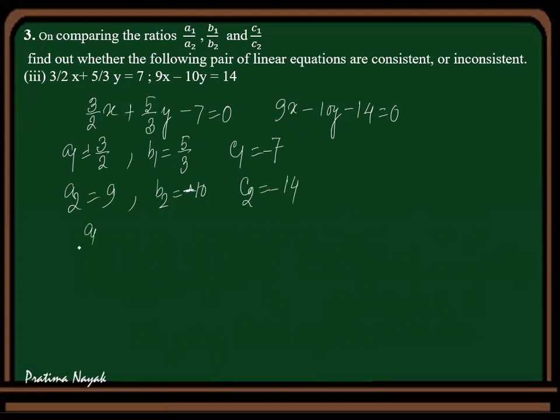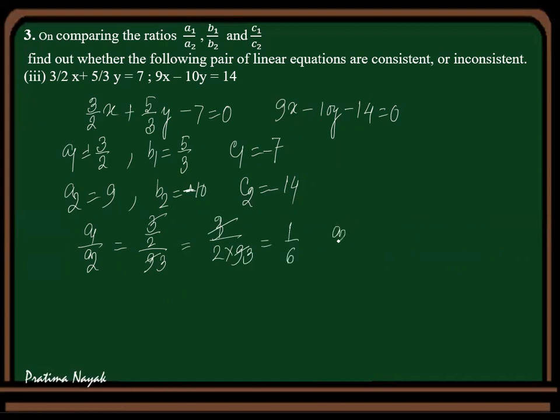So a1 upon a2 is equal to 3 by 2 upon 9. Sorry, very sorry, it is not 3 by 2. It will be 1 by 2 into 9. So this will be 1 by 6.